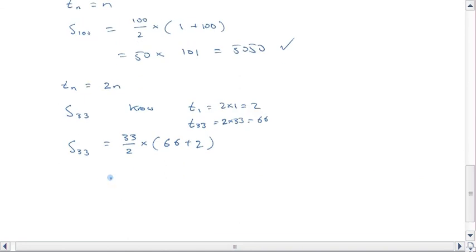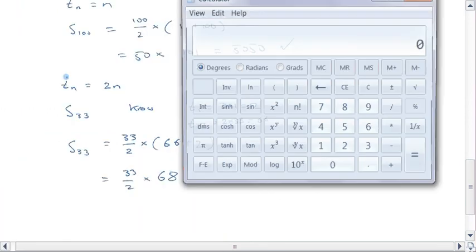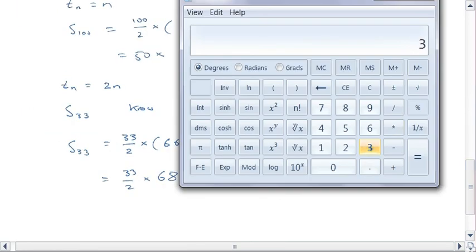So this is 33 divided by 2 times 66 plus 2, which is 68. You should see that it's the same thing as before: 33 divided by 2 times 68 is 1122. So that's good.